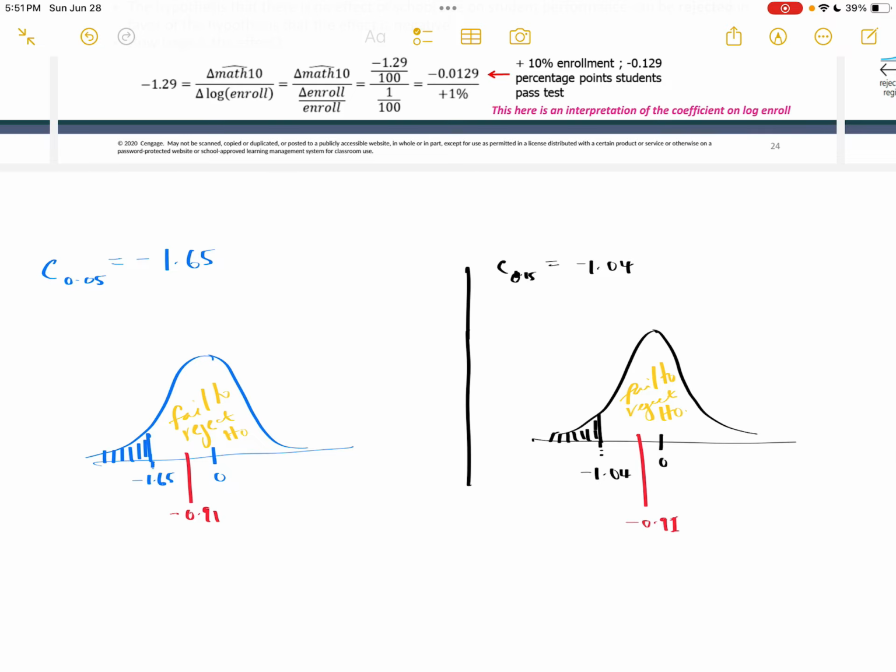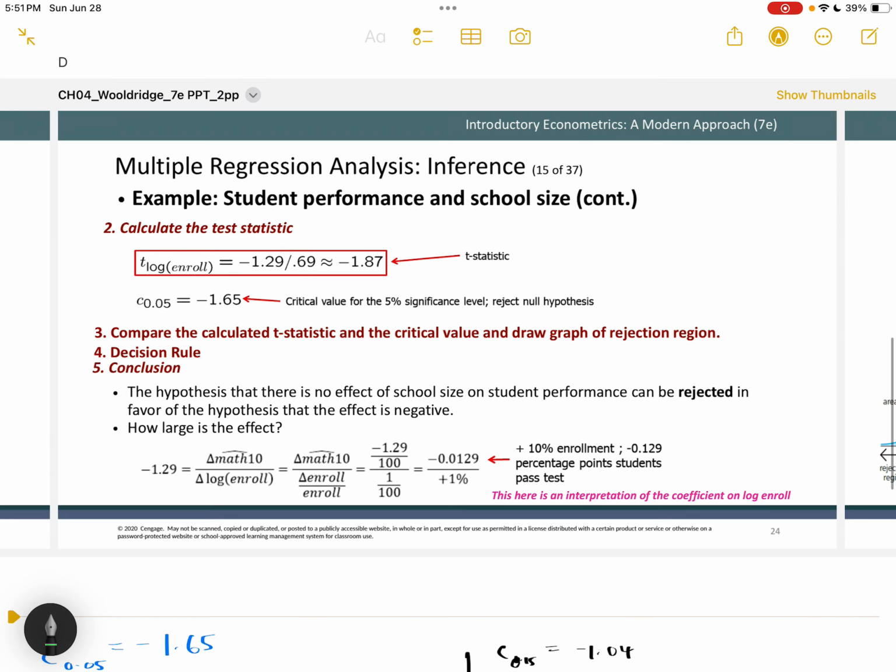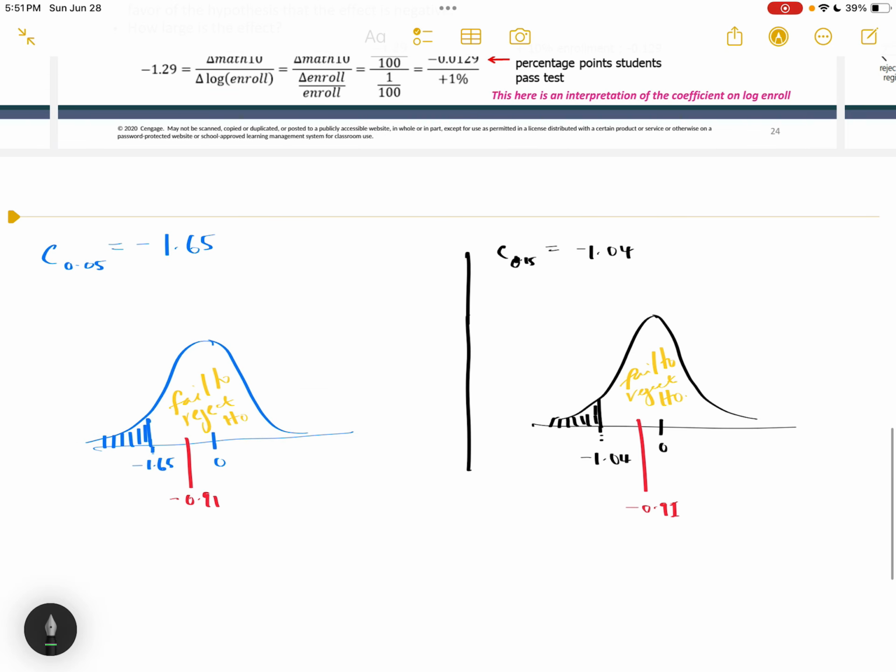And so when we compare that to the critical value, 1.65, right? So for the new one, let's use a different color, green. How about that? The new one is negative 1.87. Negative 1.87 is here, and negative 1.87 is here.